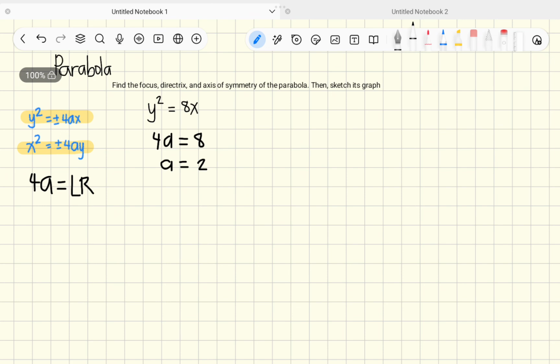Since the equation is y squared equals 8x, recalling that when we have the variable y to the second degree, your parabola will either face right or left. And because 4a here is positive, it will face the right side.